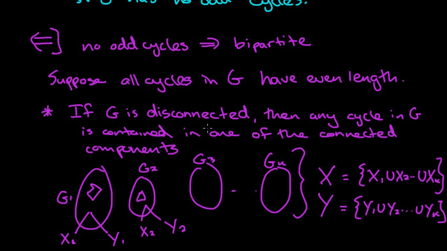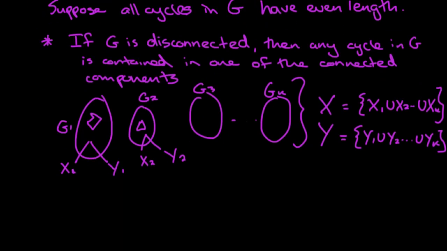So in other words, if the graph is disconnected, then you just look at each of its connected components and you try to show that that connected component is bipartite. And then you will have completed the proof for the entire graph. In other words, it suffices to show that if there are no odd cycles in a connected component, then it's bipartite. So what we need to do is just take a look at things that are connected.